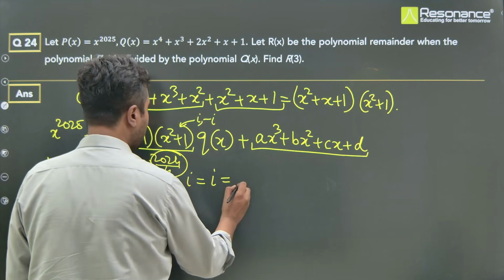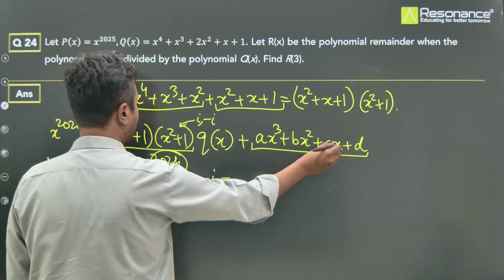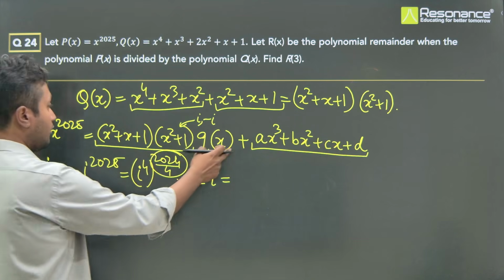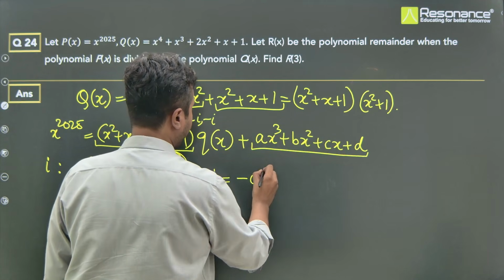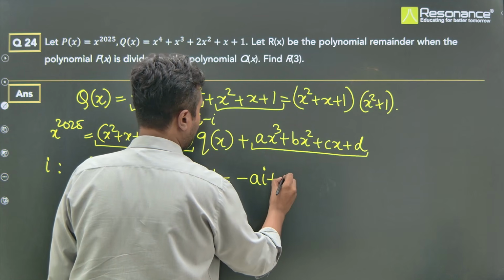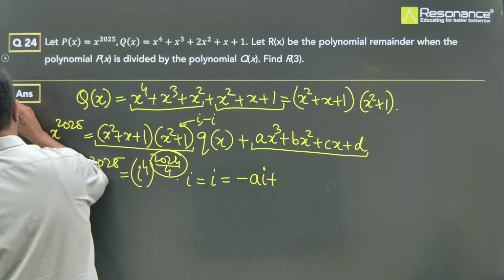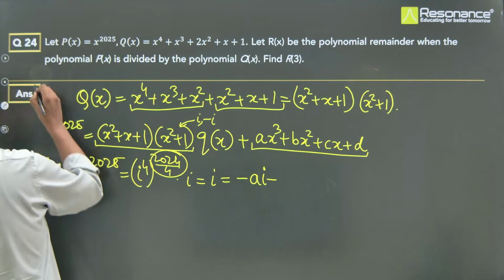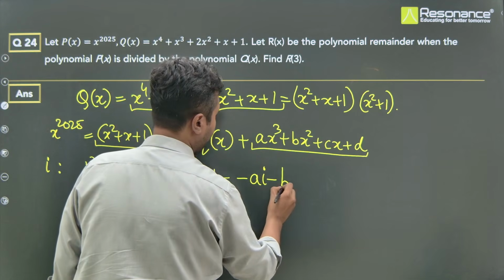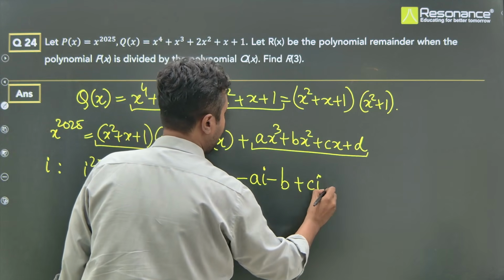Now we want this to be equal to, plug in i on this side. Well, over here you get 0, and you plug in i over there, you get i cube, which is minus i, plus, actually minus, because b into i square, that would be minus b, plus ci plus d.